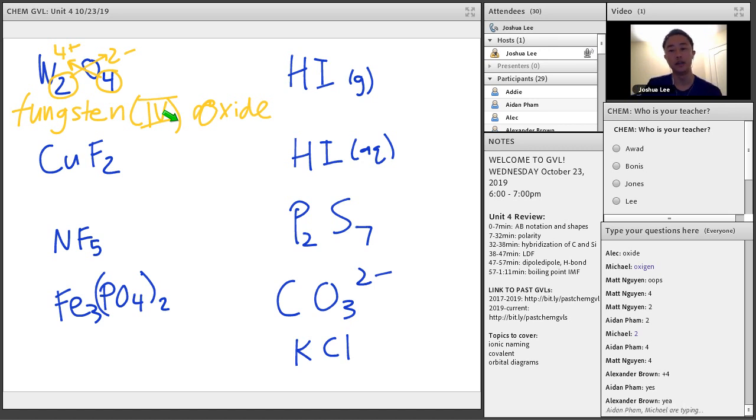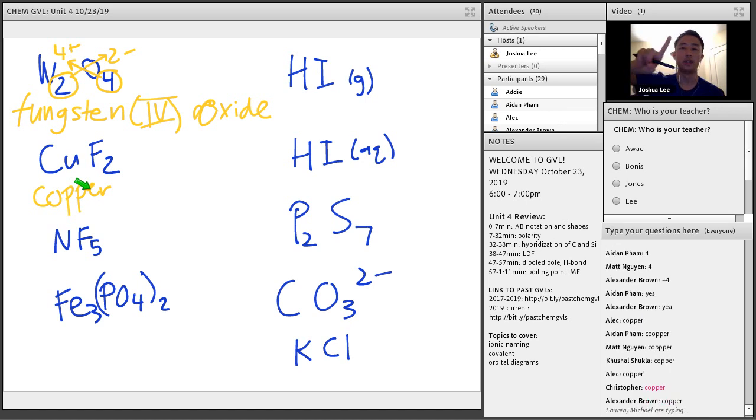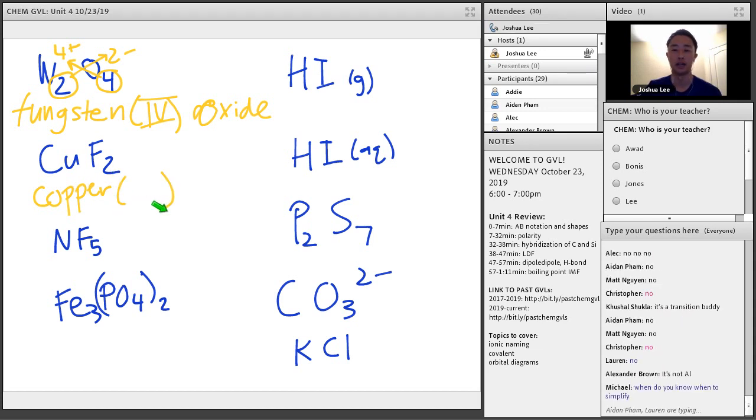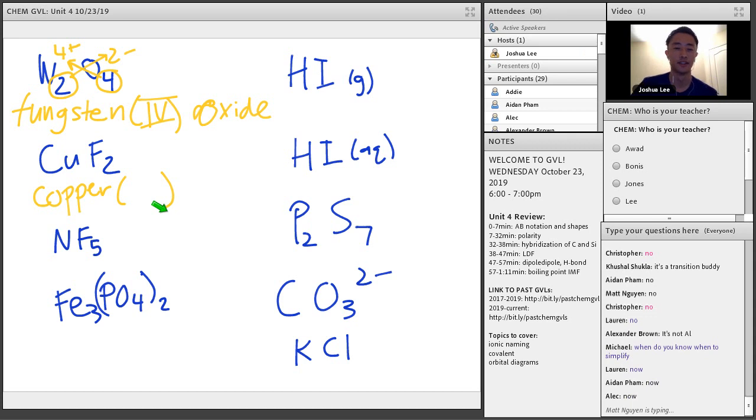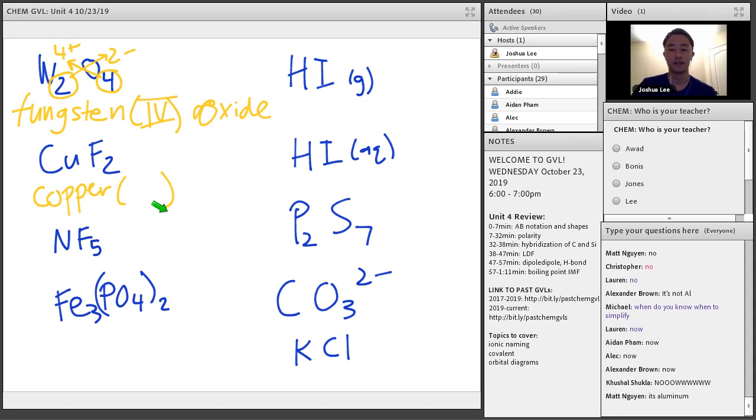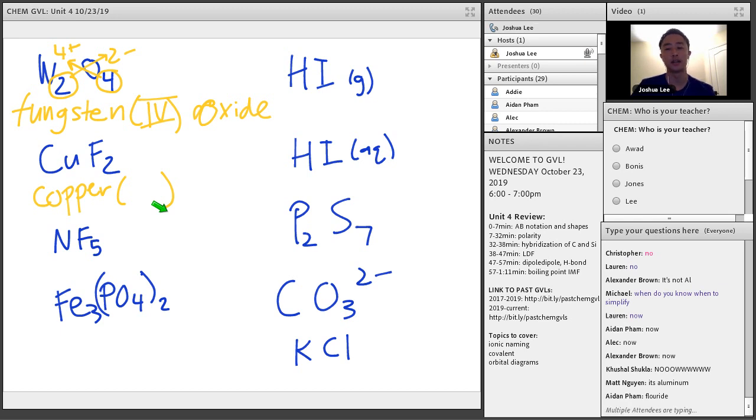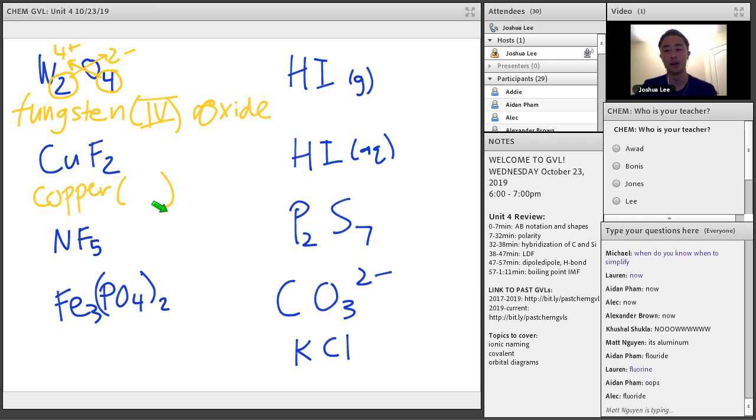CuF2. What's Cu? Is copper in group 1? Is copper in group 2? Is copper aluminum? No. So what do we need? Parentheses. And when do we want it? Now. What's F? Spell fluoride correctly.